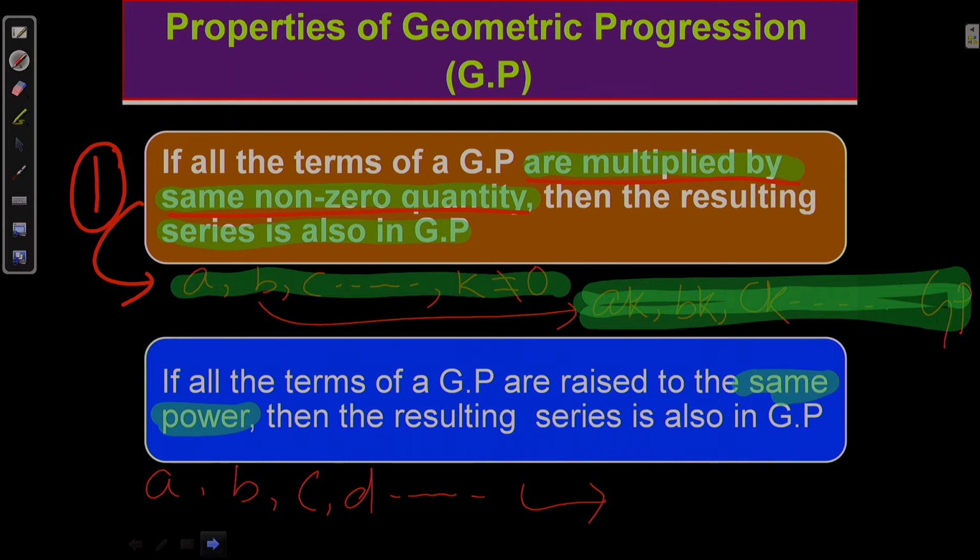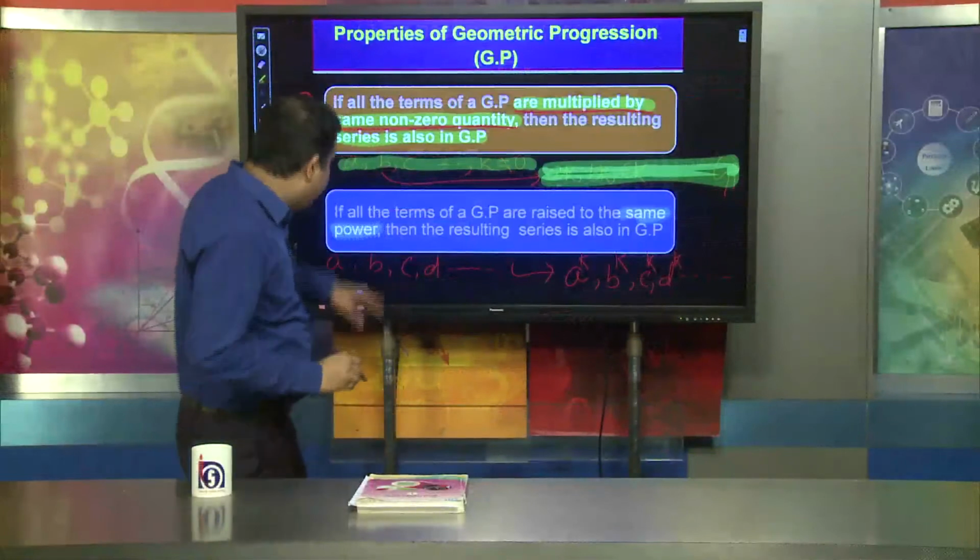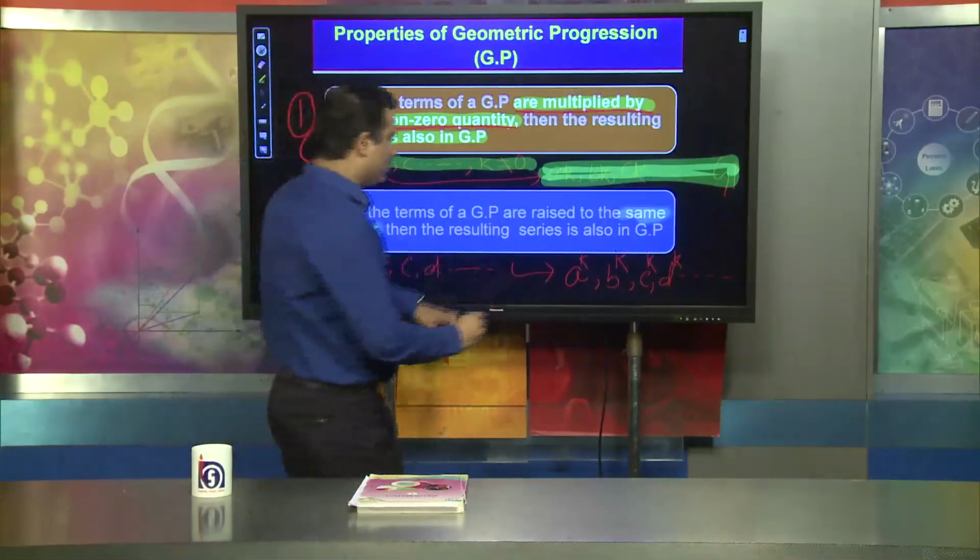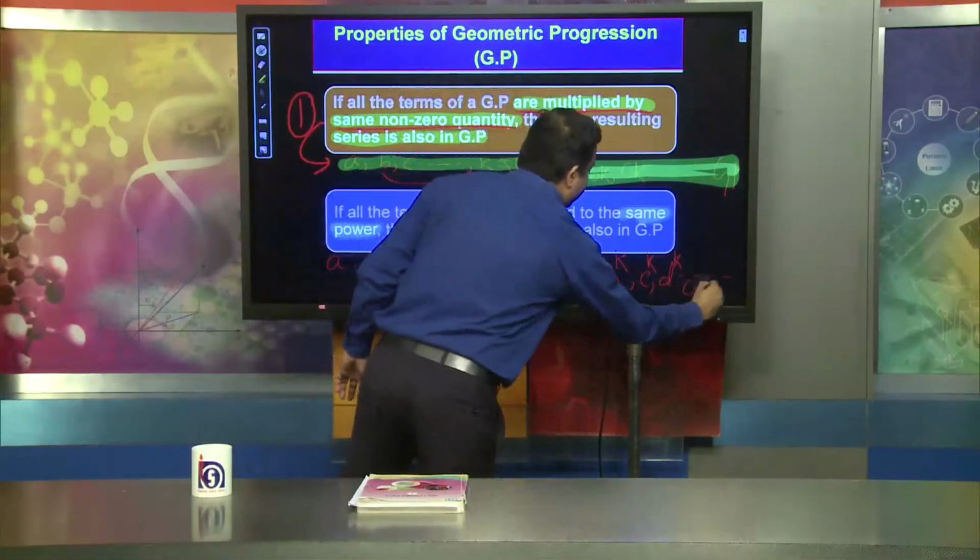If all the terms are raised to the same power, that means A raised to the power k, B raised to the power k, C raised to the power k, D raised to the power k dot dot dot, it is also a geometric progression.